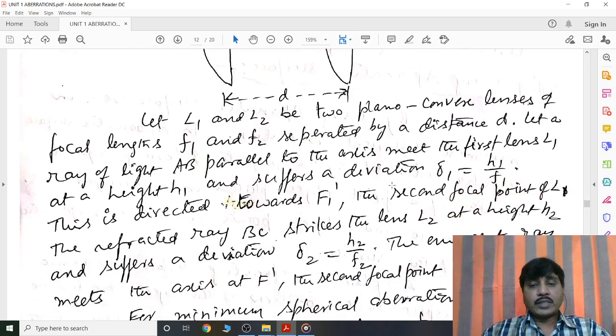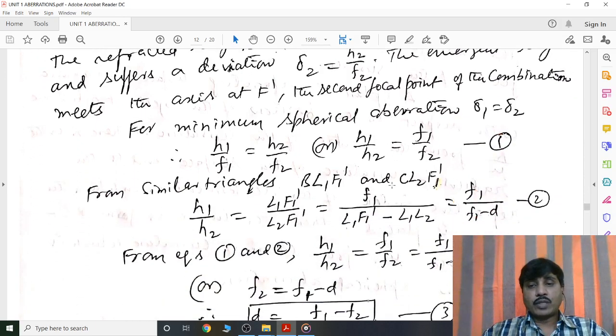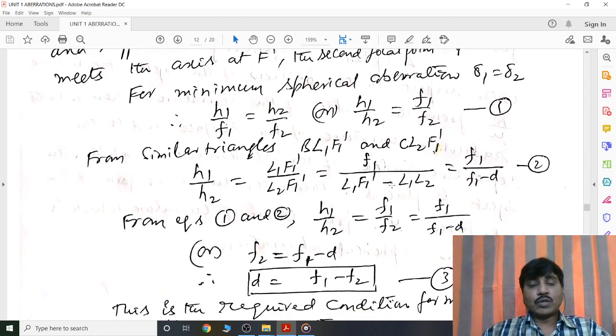The refracted ray BC strikes the lens L2 at a height h2 and suffers a deviation delta 2, which is equal to h2 by f2. The emergent ray meets the axis at f dash, the second focal point of the combination. For minimum spherical aberration, delta 1 is equal to delta 2. Therefore, h1 by f1 is equal to h2 by f2, or h1 by h2 is equal to f1 by f2.